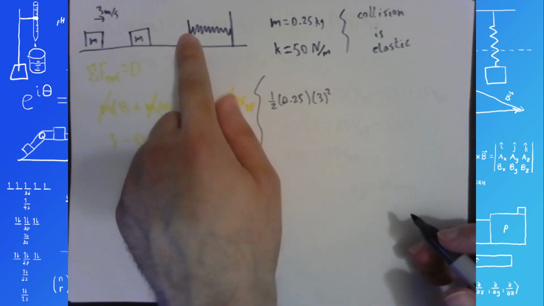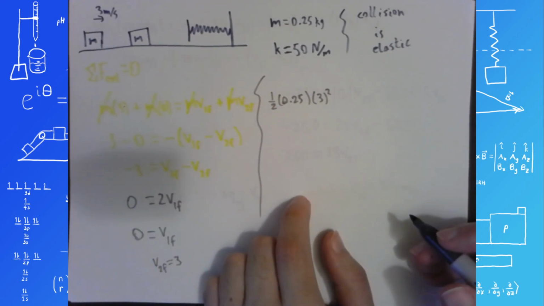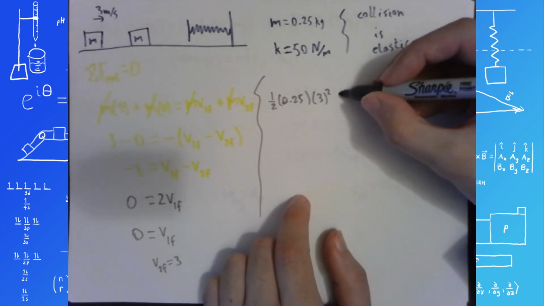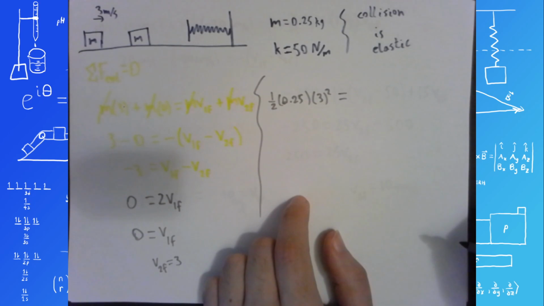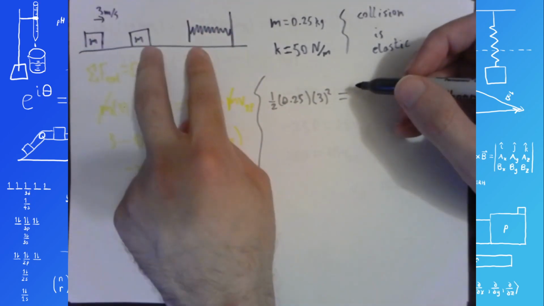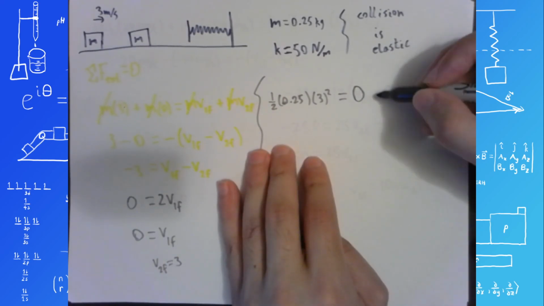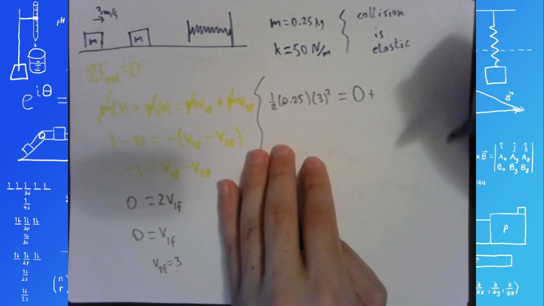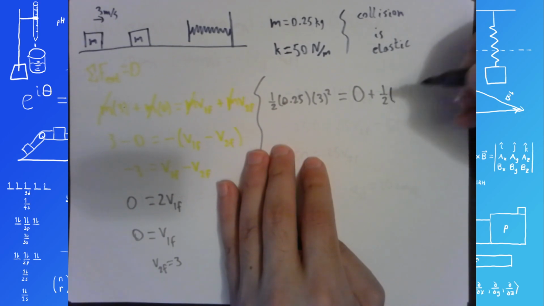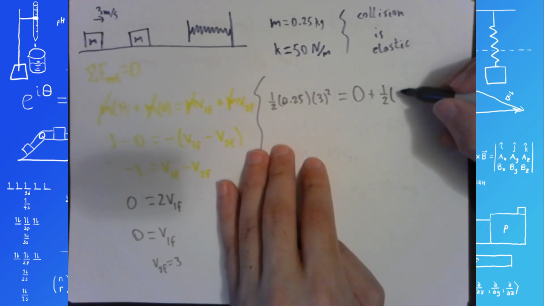Plus, initially the spring is uncompressed and there's no gravitational potential energy, so plus no potential energy initially, equals, at the end, once the spring is fully compressed, the block will have come to a stop, so 0 kinetic energy plus there's no gravitational potential energy here to take into account, and that leaves us with all elastic or spring potential energy, 1/2 times kx squared, k being 50.